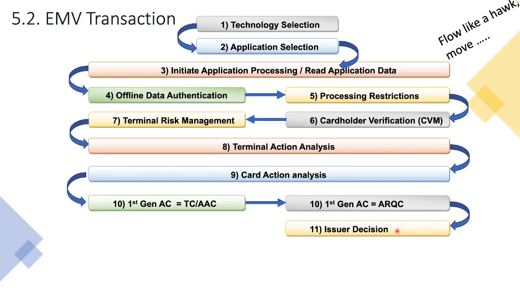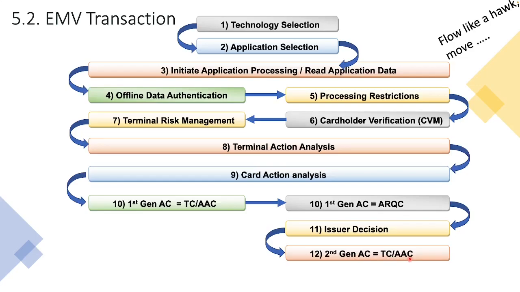Okay. This decision is then sent back downstream through the route it came up. It reaches the terminal, and then the terminal passes it on to the card, and the card makes a second decision, which is now the final decision, and this is known as second gen AC, and in this case it'll choose to either approve or decline the transaction.